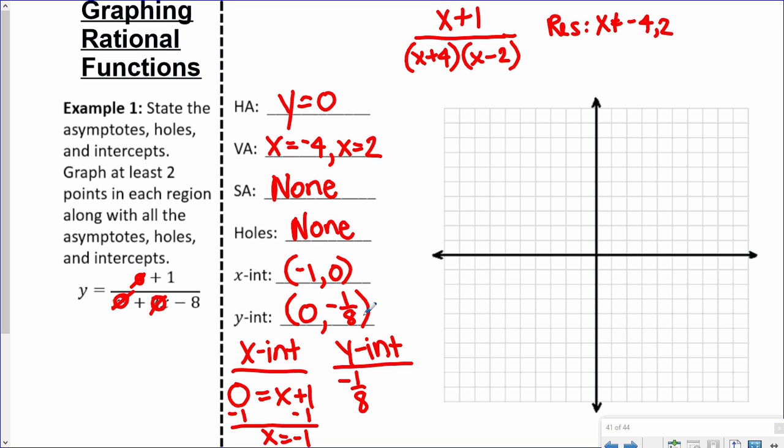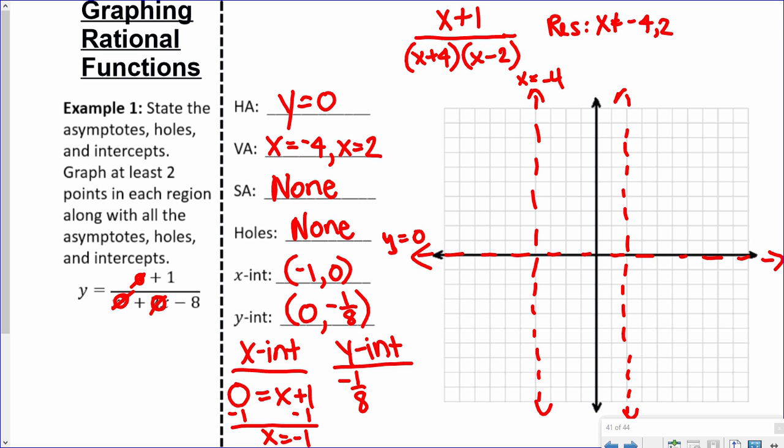Okay. So then now let's put all of this information in the graph. So y equals 0 as a horizontal asymptote is here, and let's use dashed lines for our asymptotes. So this is y equals 0. And then x equals -4. So there's one of my vertical asymptotes. And x equals 2.